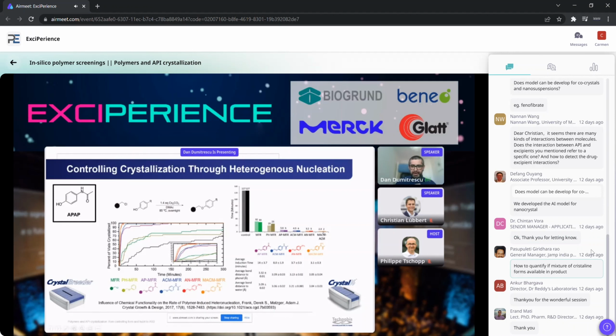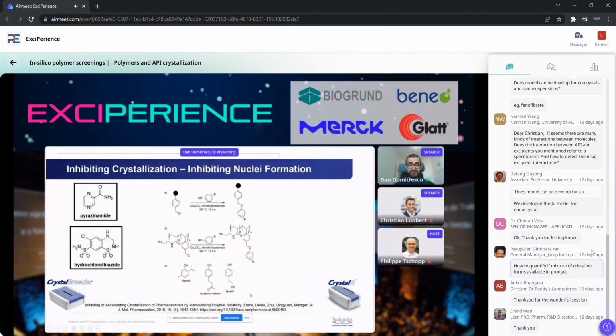So by doing a study on the Cambridge Structural Database, looking at the experimental single crystal structures available, and looking at the various distances for hydrogen bonding between these various functionalities, we can see that the best heterogeneous nucleators here are the ones which have the strongest intermolecular bonds. So again, coming back to the first principles.